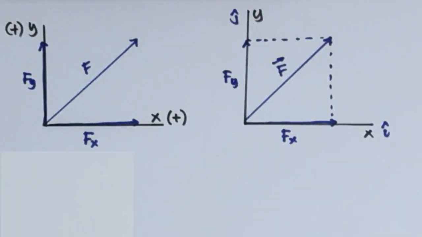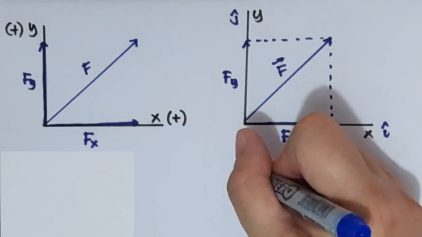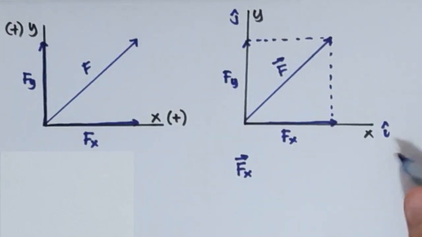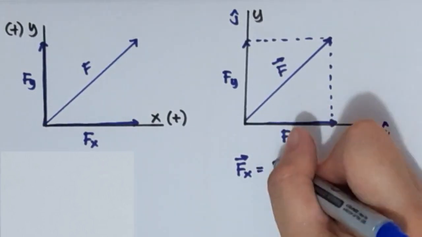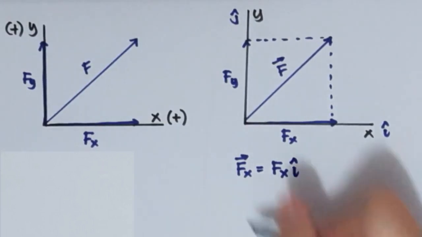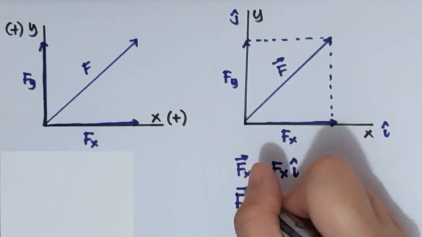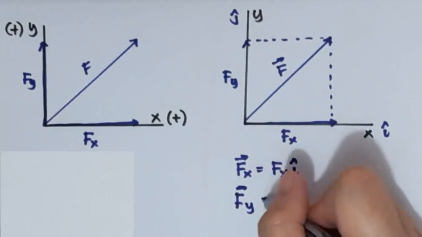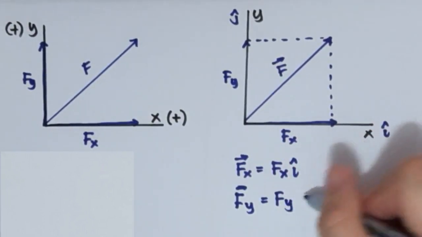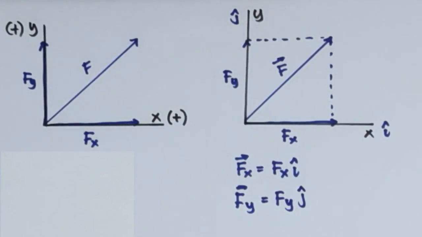Now, to indicate that, the component Fx of the force is equal to whatever the magnitude of that times i hat. While for Fy, the component along the y direction is whatever the magnitude of Fy times j hat.